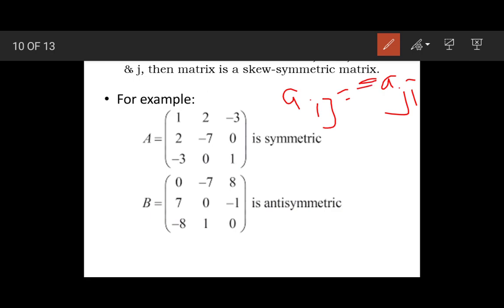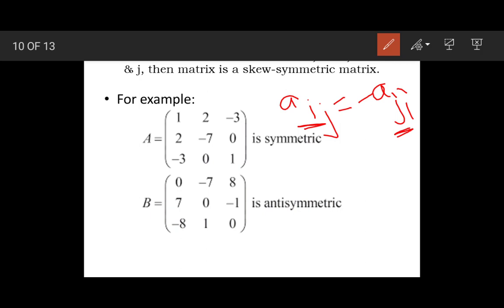So what is the difference here? aij is minus aji. After interchanging the position ij, we are getting ji, right. So the value is the same, but the only difference is sign. If the sign is changed, then that matrix is known as skew symmetric.